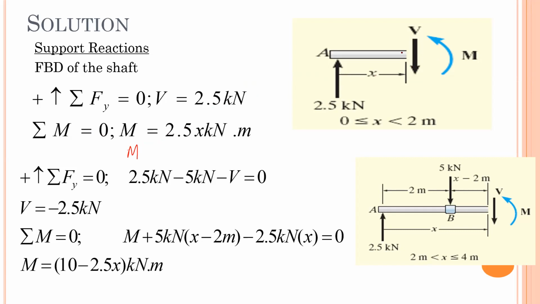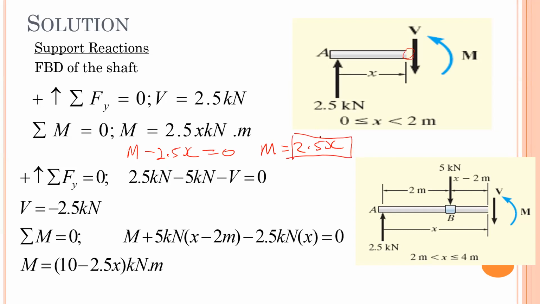Remember, you're taking moment at this part here. You know that you have this moment there already, always there. That is positive. So you're taking moment from this, you know that you're going to have 2.5 times x. So it's going to be M minus 2.5 times x equals 0. Transpose for M, and M is equal to 2.5x. So that is your bending moment.